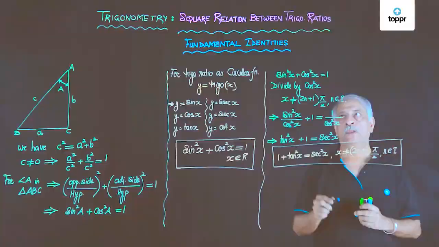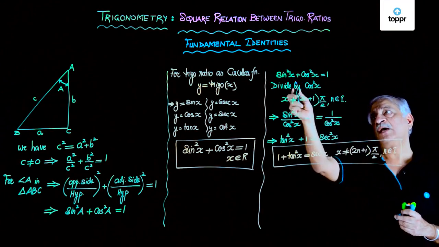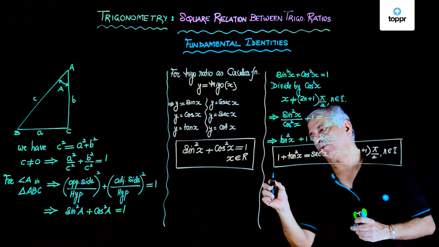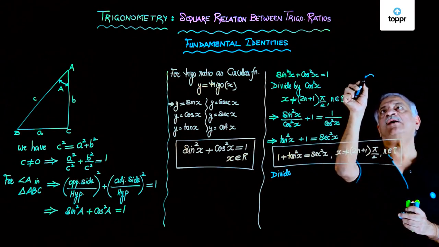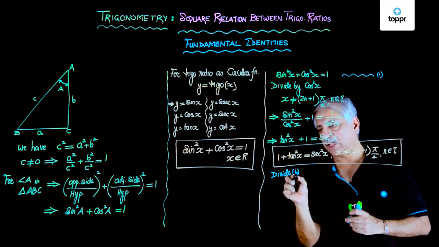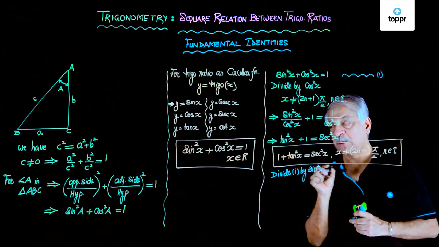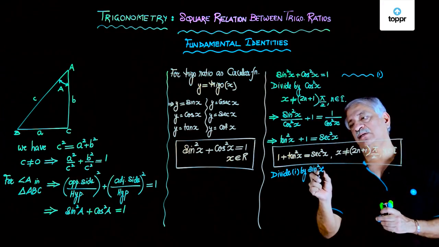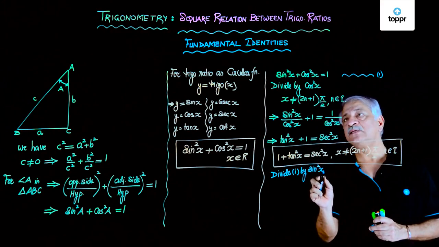Now, similarly, if I divide this particular equation by sin square x, say I divide 1 by sin square x. Now, when I say divide by sin square x, I must see that sin doesn't take the value 0.